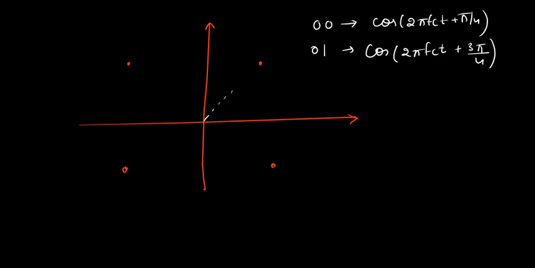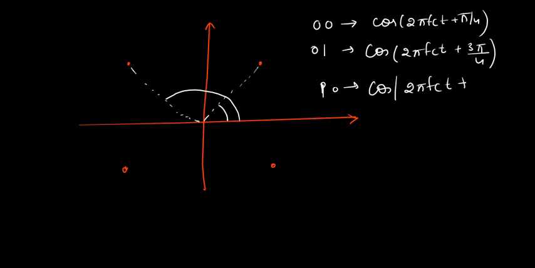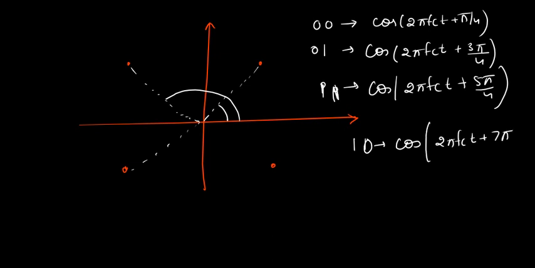So, this is π/4, this is 3π/4, plus 5π/4, or you can do 11 here and 10 here, cos(2π f_c t + 7π/4). So, there is one more way to do the same thing, and if you again find its basis, the basis will be same.